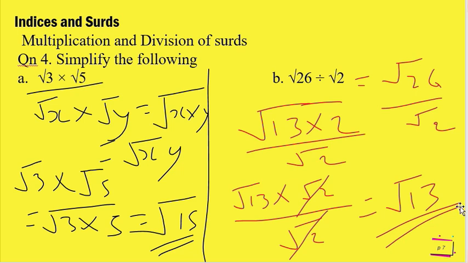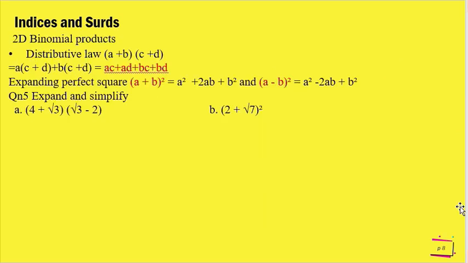Now let's proceed. The other concept is the binomial product of surds, where we will look at the distributive rule.